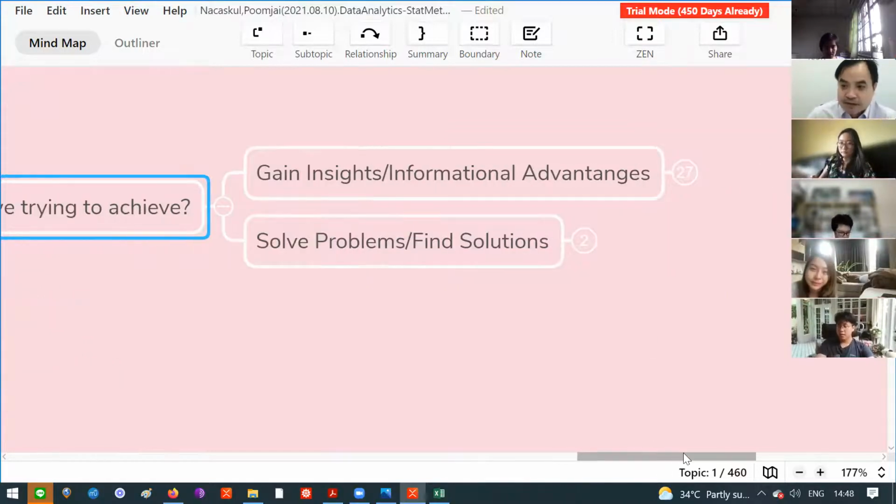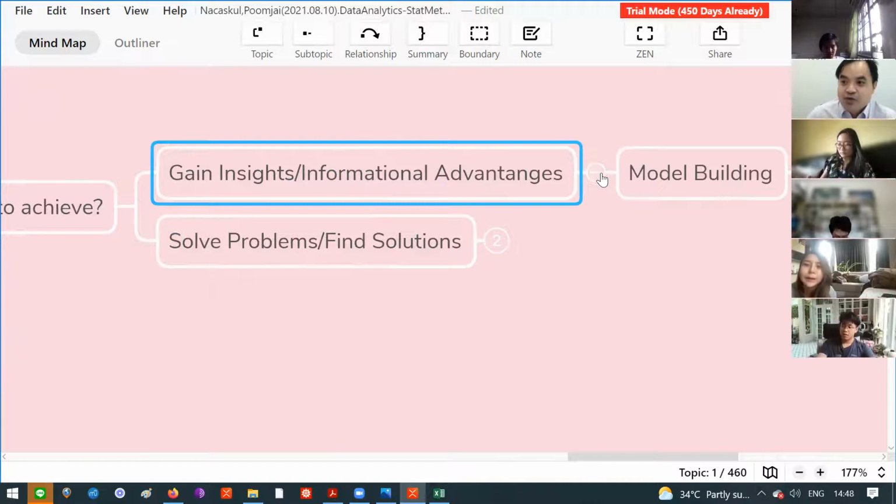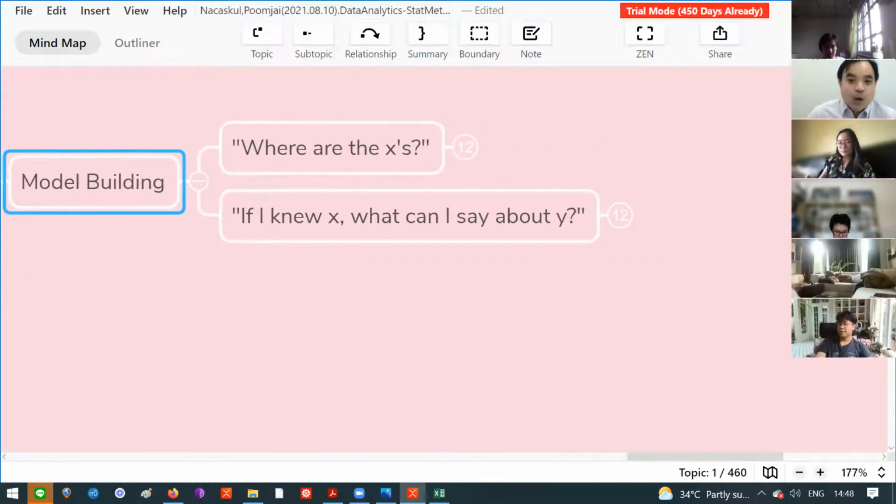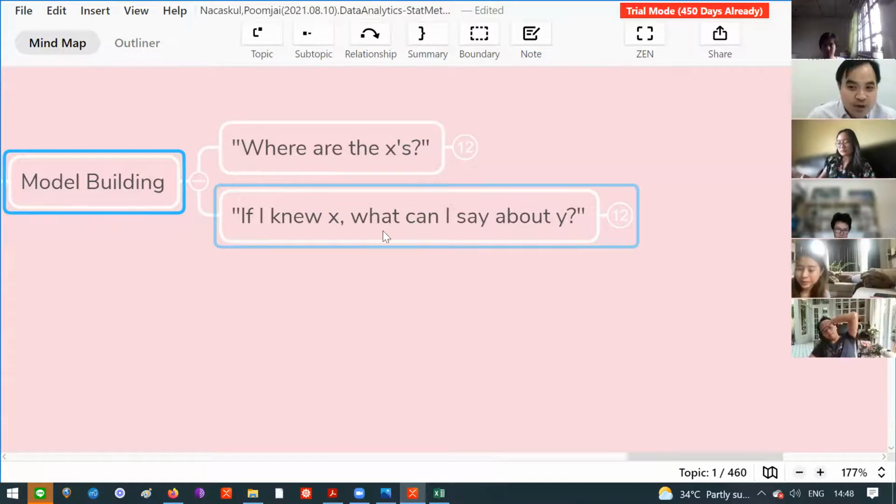How do you do that? Well, you have to build a model. What are the x's? If I knew x, what can I say about y? These are the sort of questions you ask when you build the model.